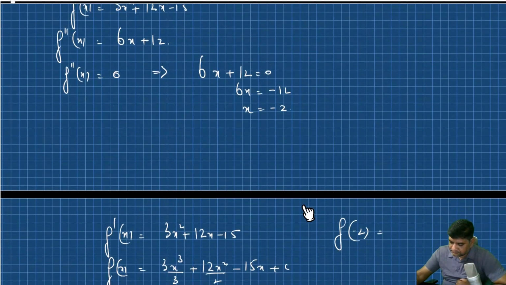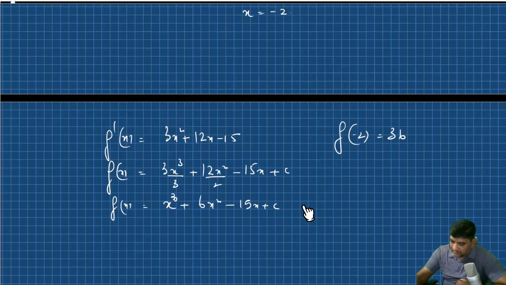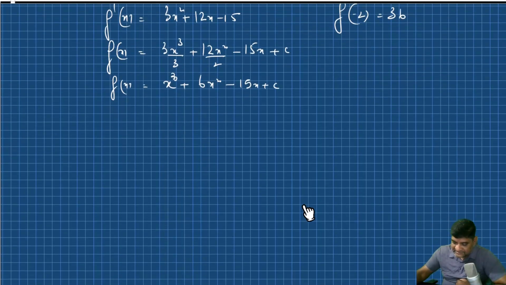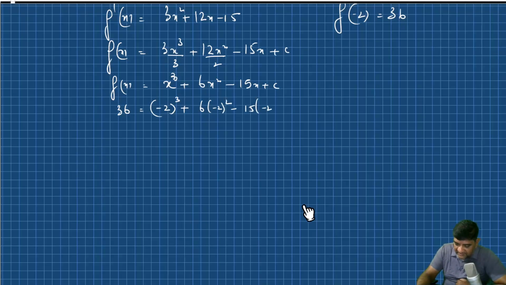36. I'm going to use this to get the value for c. So 36 is equal to -2 cubed plus 6 into -2 squared minus 15 into -2 plus the constant c. So 36 is going to be equal to -8 plus 24 plus 30 plus c.